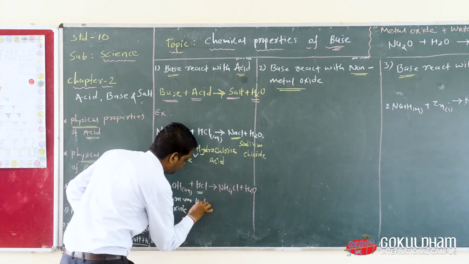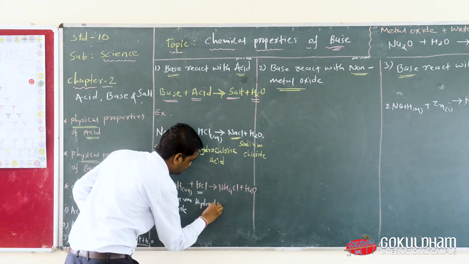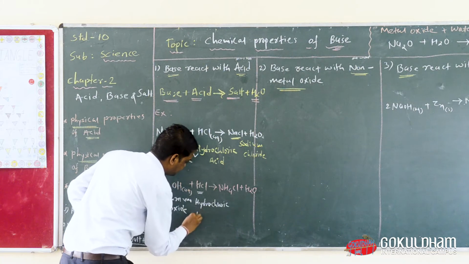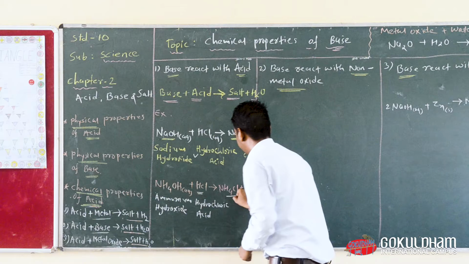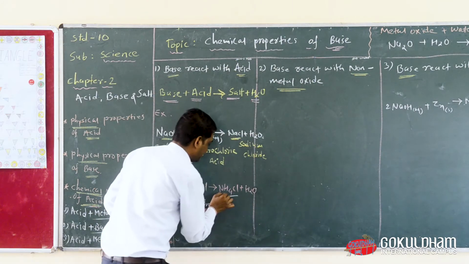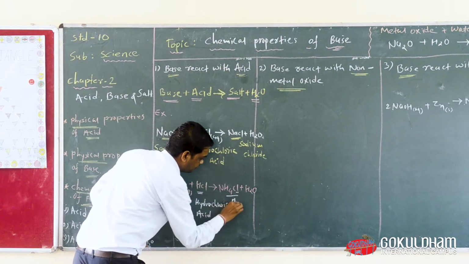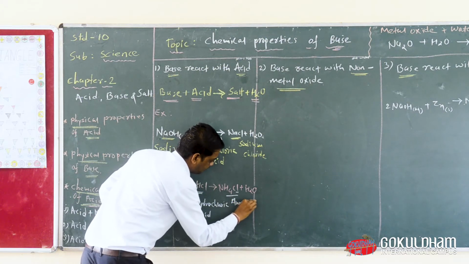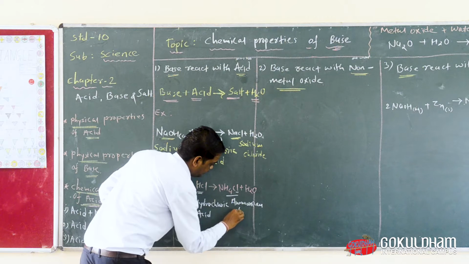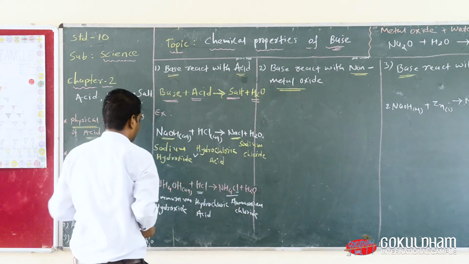The name of our product is ammonium chloride. NH4 means ammonium, and Cl means chloride. So it is an aqueous solution of ammonium chloride.